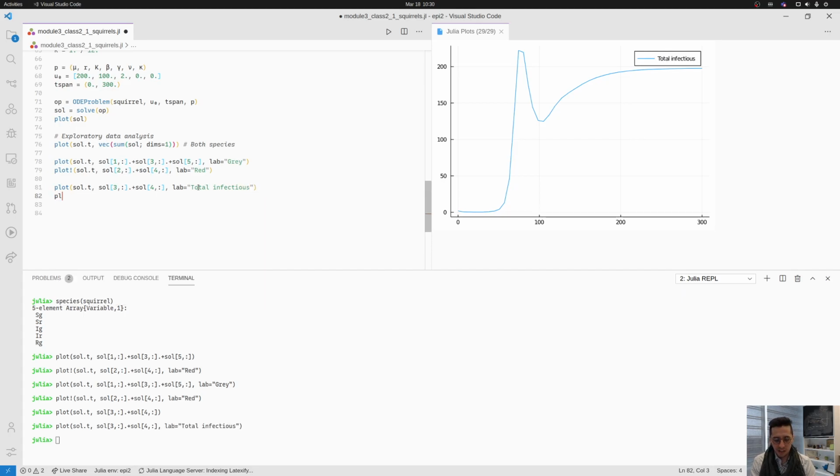Underneath that, we can have a look at how much each species is contributing to that. So 3 is gray and 4 is red.